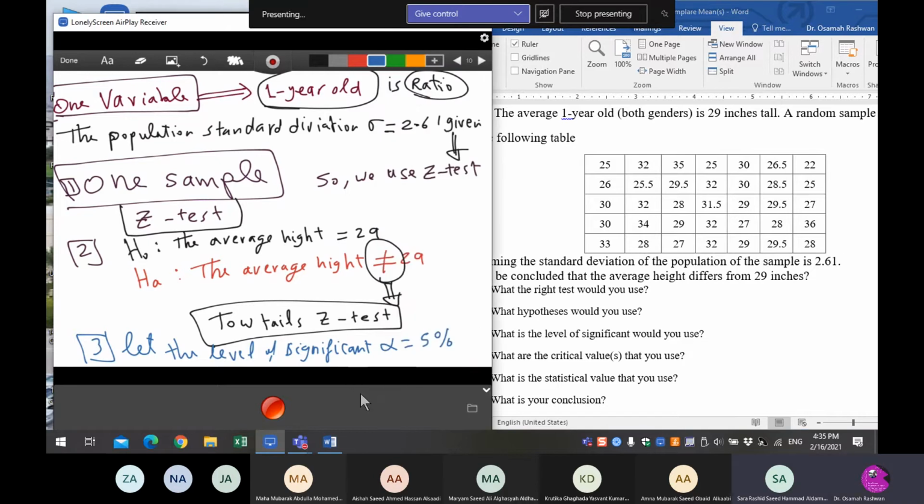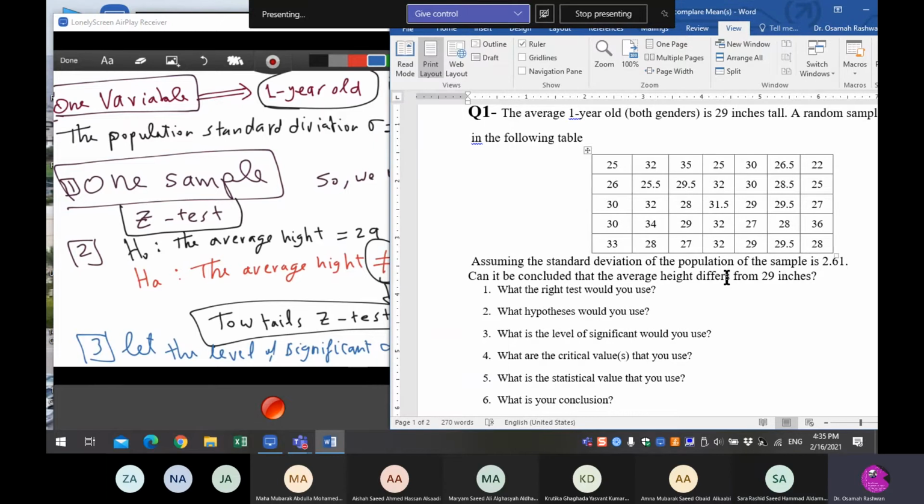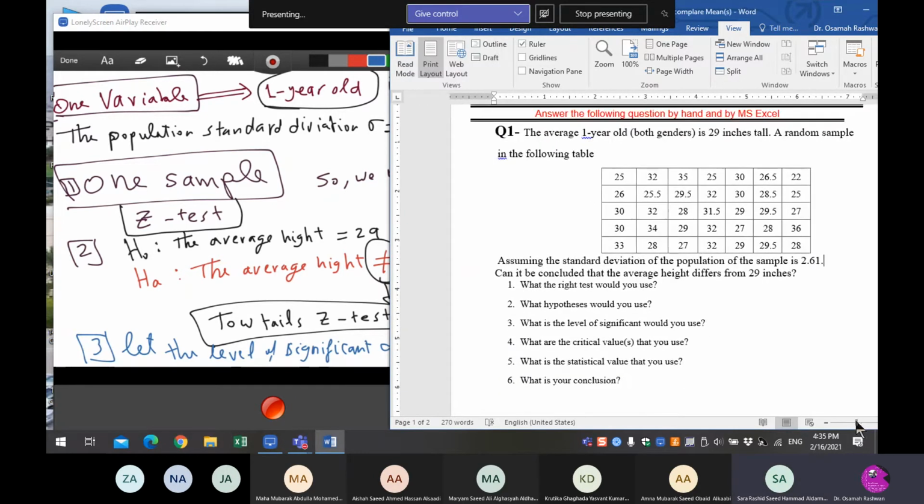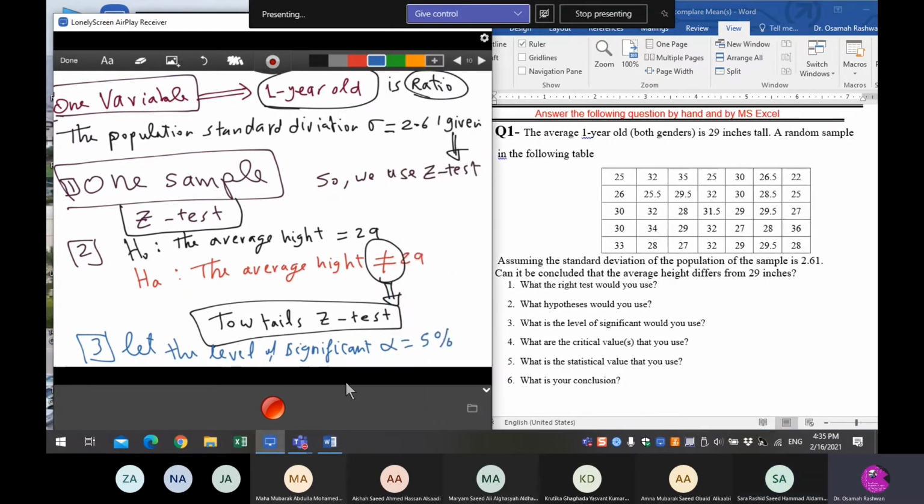Okay, section 3: the question is asking what level of significance you use, right? It means what's the value of alpha. The value of alpha here is not given in the question, right? This is why I have to assume one. What are the options you have all the time? 5%, 1%, 10%.